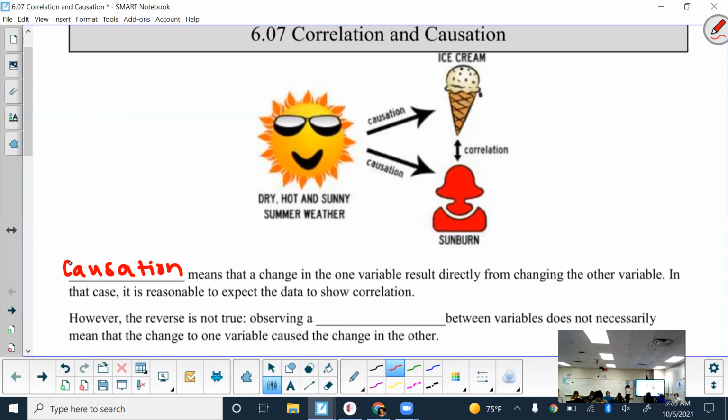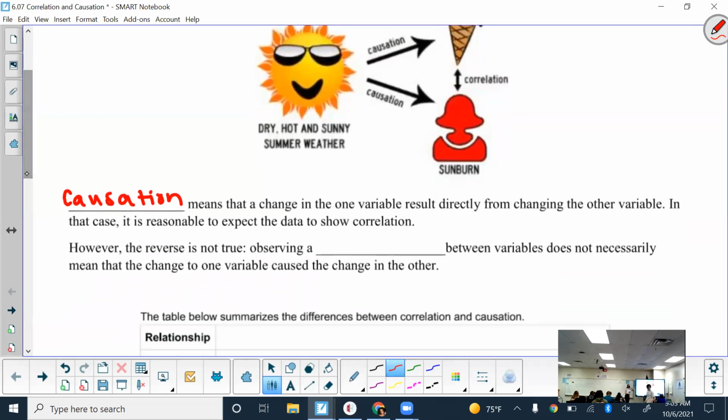And in that case, it's reasonable to expect the data to show correlation. So if something directly causes something else, I should probably expect there to be either a strong correlation or a negative correlation.